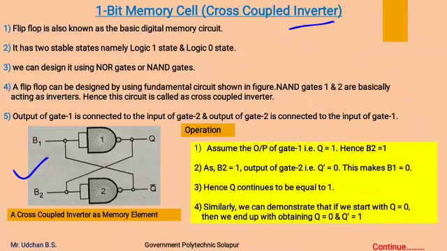Which includes two NAND gates. Both the NAND gates are going to act as an inverter, as both the input terminals of these NAND gates are shorted together and a common input is given. So with this structure, NAND gates act as an inverter.